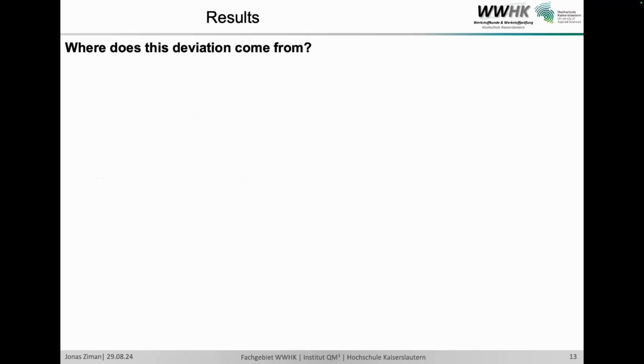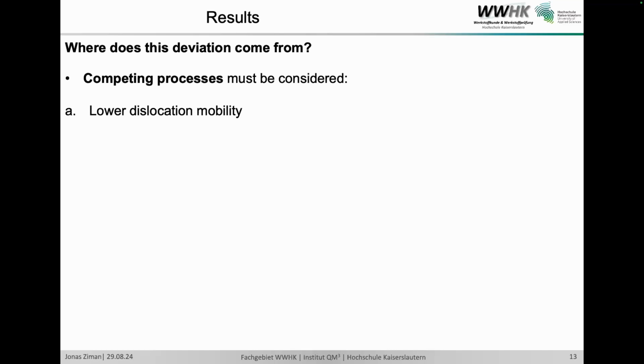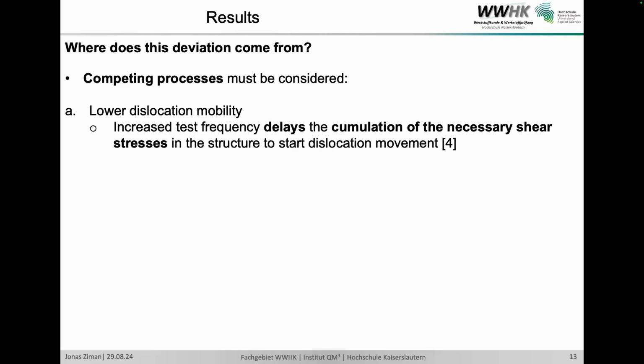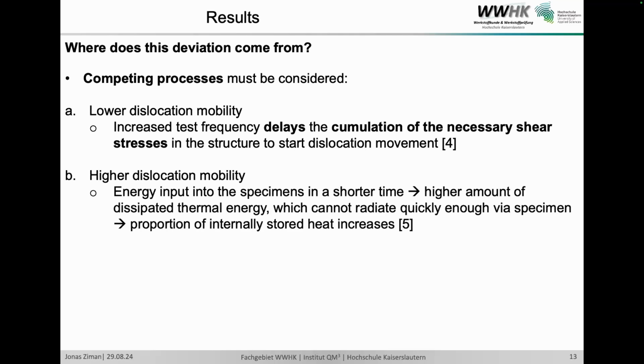So where does this deviation come from? In general, we have to look at competing processes. On the one side, we have processes which lower the dislocation mobility. Because of the increased test frequency, the accumulation of the necessary cumulative shear stresses in the structure to start the dislocation mobility is delayed. On the other side, we have processes which increase the dislocation mobility.